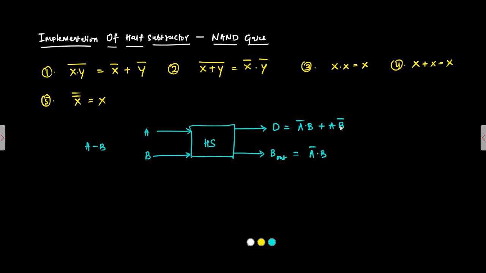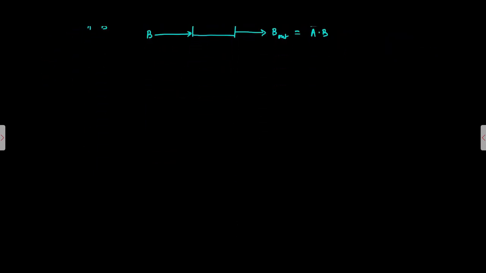So now first we'll take the difference part. So we'll double complement it, which means it will result in the same. So A bar B or A B bar double complement, okay.